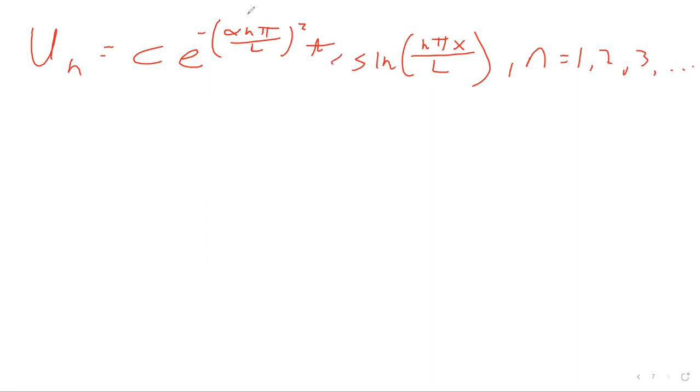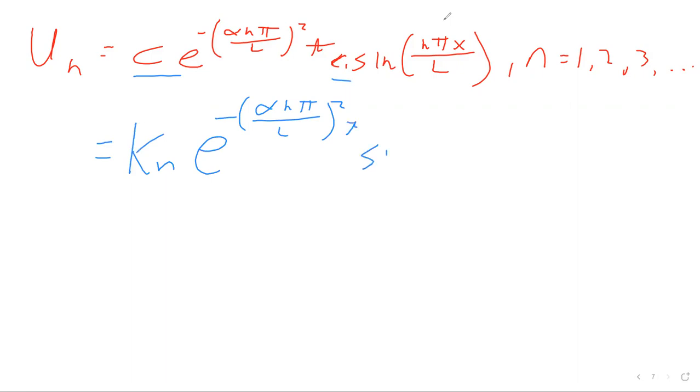Oops, there's a C1 in front too. But now we have these two different constants, so we can just combine those together. And it'll vary depending on what n value we pick. And so that's for whatever n values we're using.